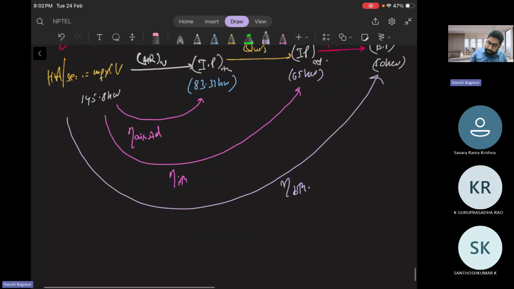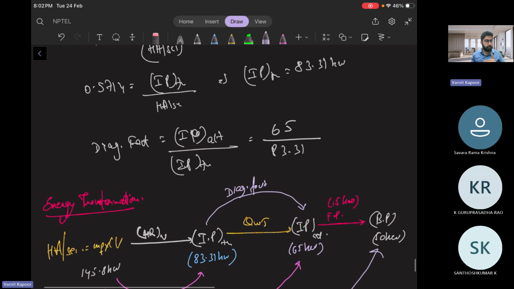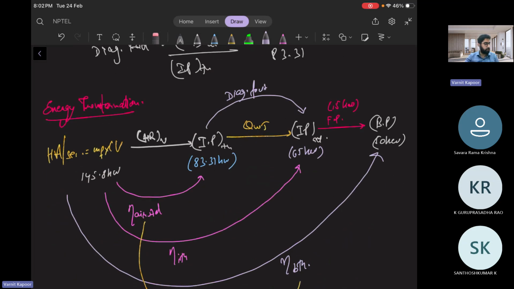Between brake thermal and air standard is giving you a relative efficiency. And here also, there is a diagram factor coming, from actual to theoretical. Is it clear or any doubts? This is the whole energy transformation which is happening in the cycle.